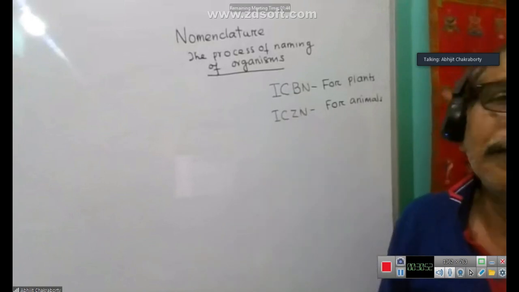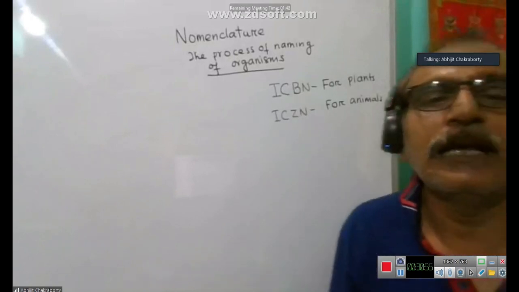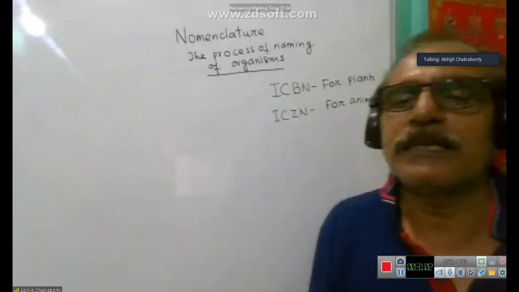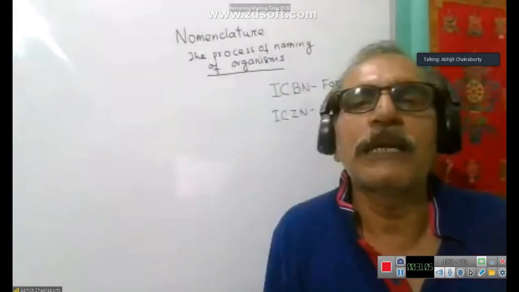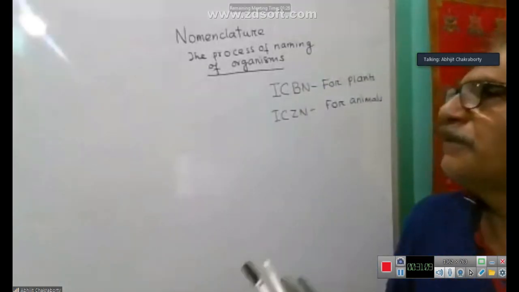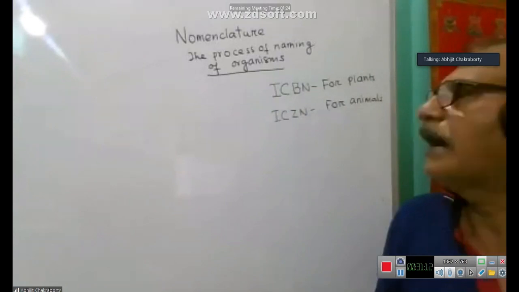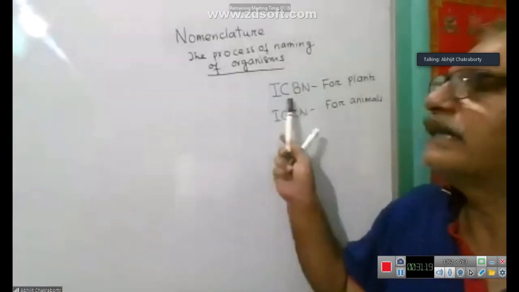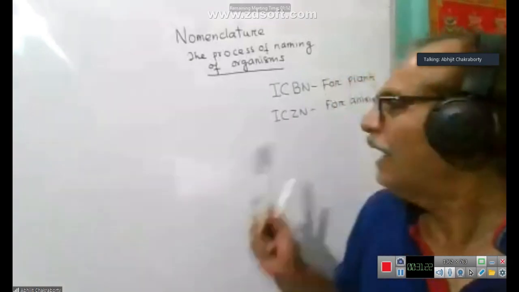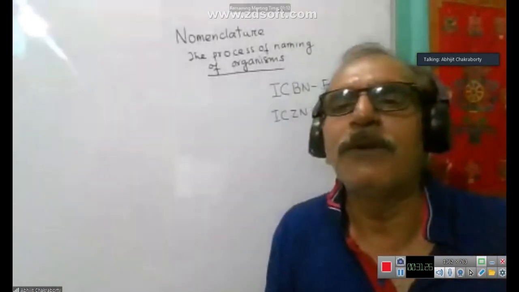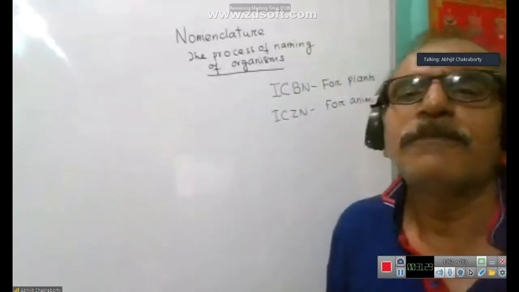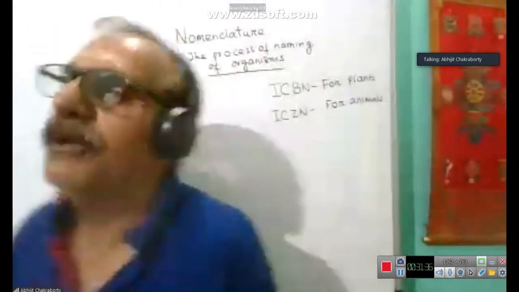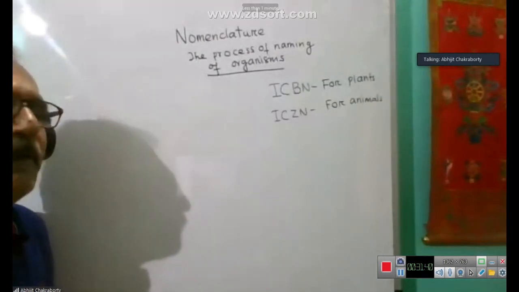ICBN means International Code of Botanical Nomenclature, and ICZN, International Code of Zoological Nomenclature. Whenever any organism, if it is a plant, is to be named, then the information is required to be sent to ICBN for approval. In case of animals, the same is required to be sent to the ICZN for approval. Clear? These are the two most important organizations to approve these names.